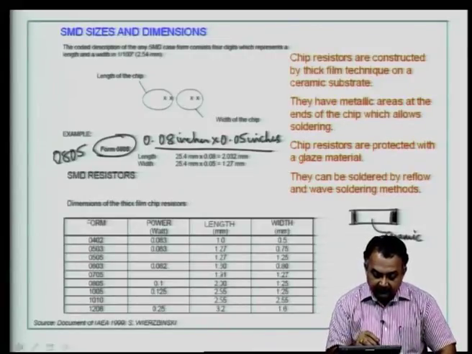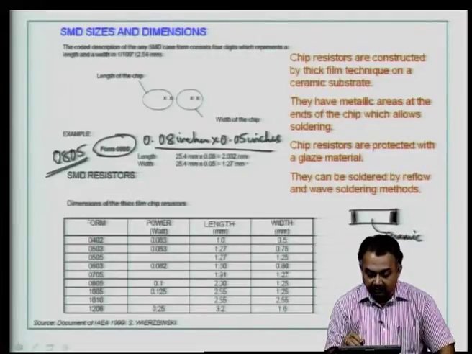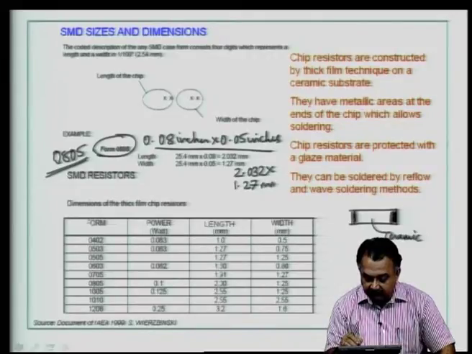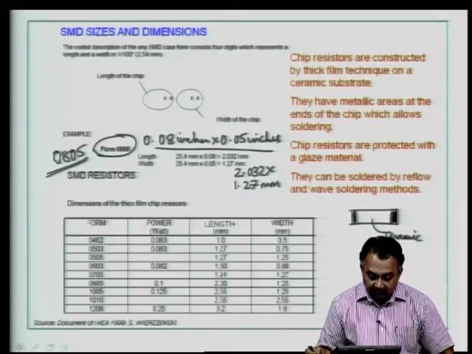So, if it is 0805, it means it is 25.4 mm times 0.08, which is about 2.03 mm by 1.27 mm. So, typically it is about 2.032 mm by 1.27 mm. This denotes the length and the width of the component.